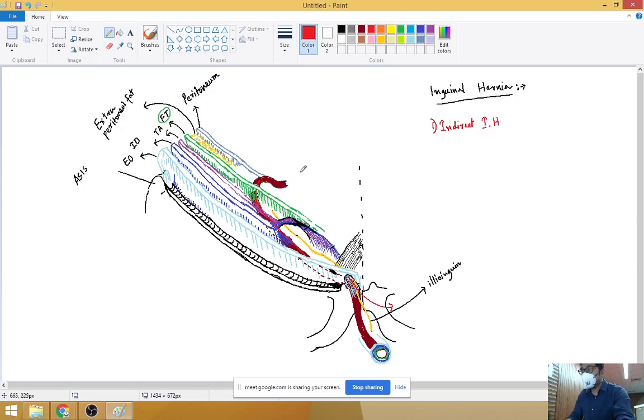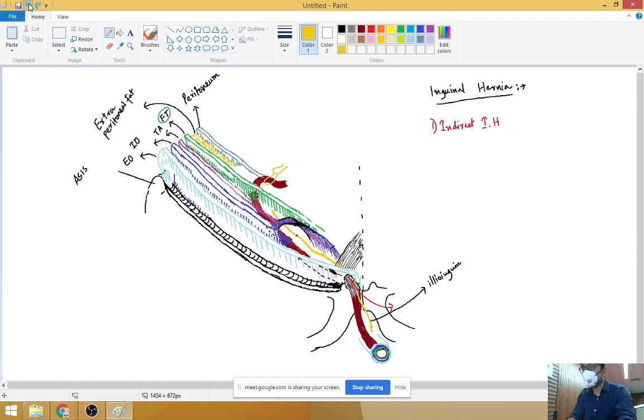Suppose there is a viscus entering through the deep inguinal ring and coming throughout, along with the spermatic cord, and coming out through the superficial inguinal ring. That is indirect inguinal hernia, sometimes also termed as oblique.